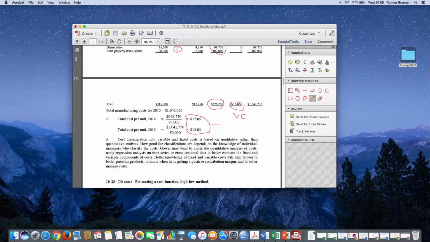So the incremental cost generally is always equated with the variable cost per unit. Neither measurement, either variable cost per unit or total cost per unit, is necessarily always relevant, nor are they always irrelevant. It depends on the question that you're asking.